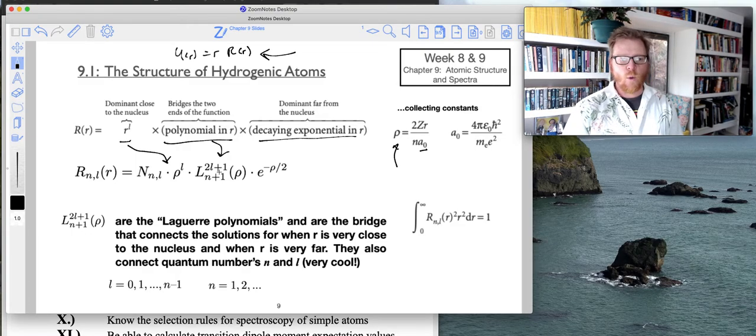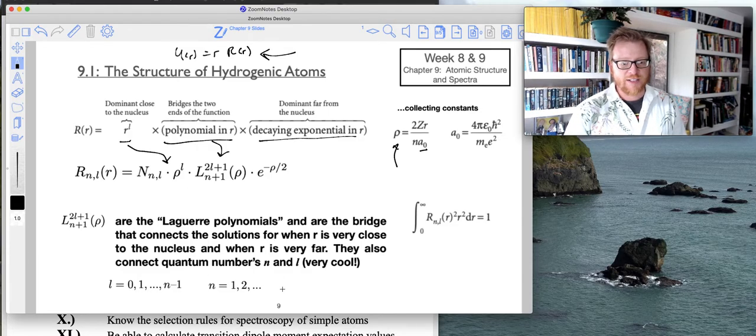When the Laguerre polynomials were developed, they actually provided the connection for n and L. And that connection becomes L takes on all values 0, 1, all the way to n minus 1. So these polynomials have standard notation based on that.